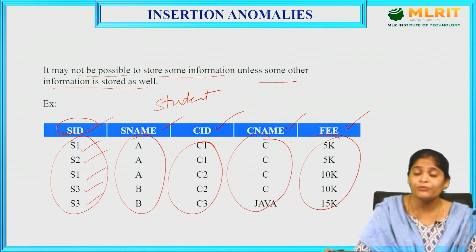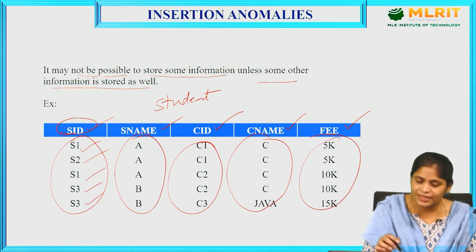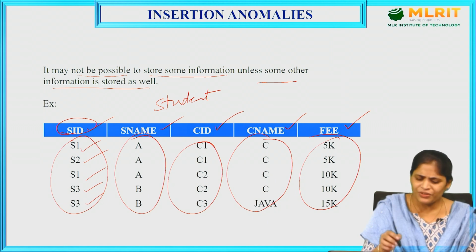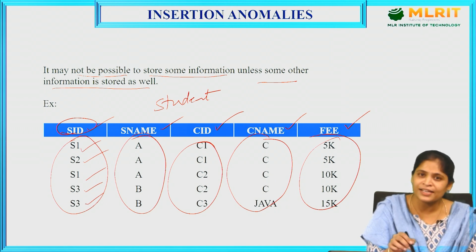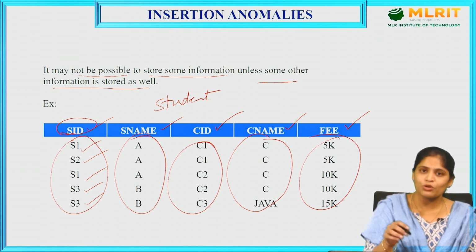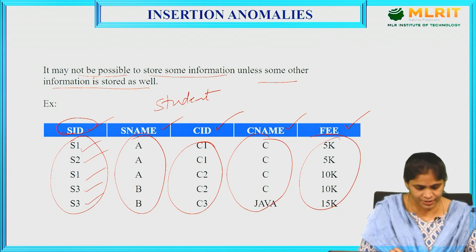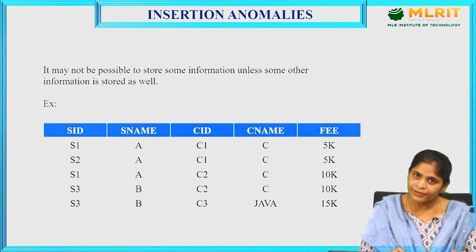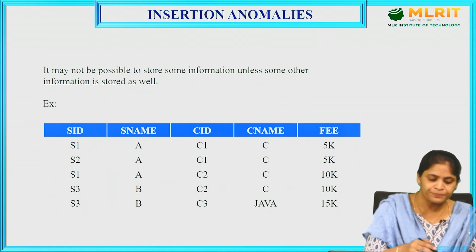So this is inconsistent data. Why? Because it contains duplication of data. We have to remove these duplications. So what is the solution for this? Let us discuss first the problem, then we'll go for the solution.